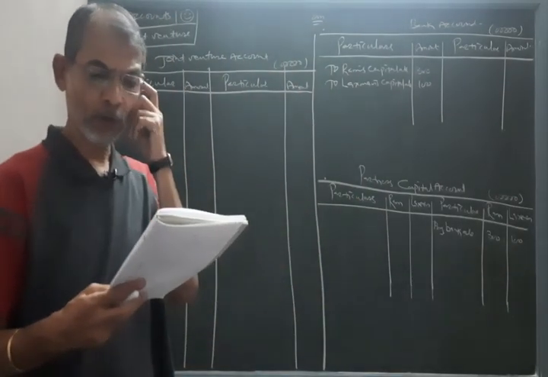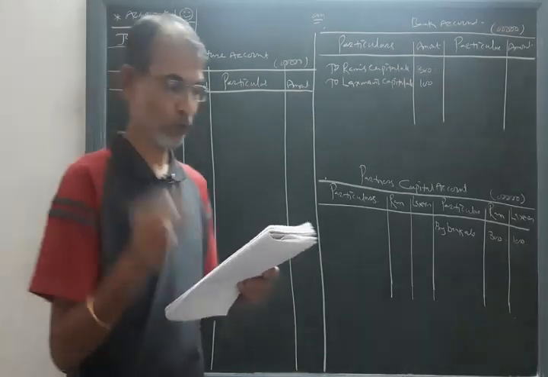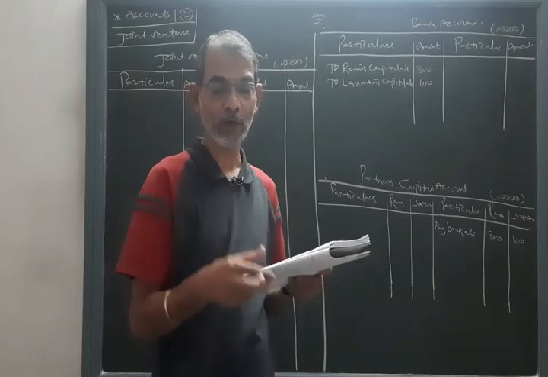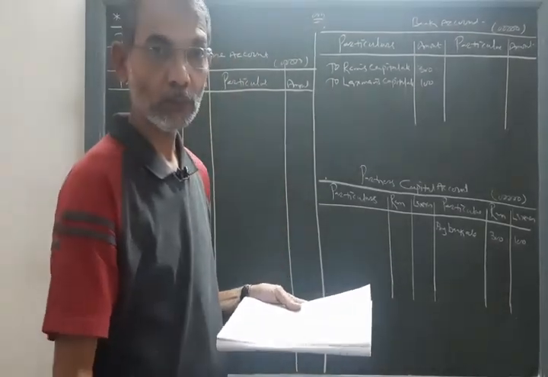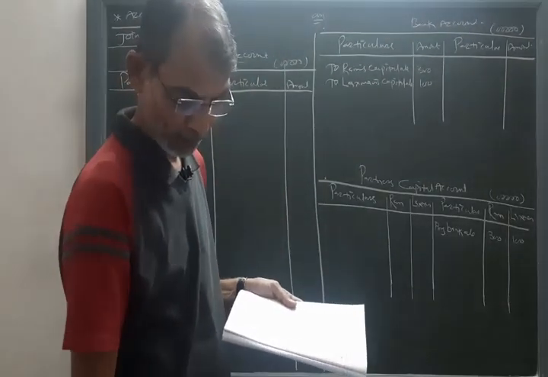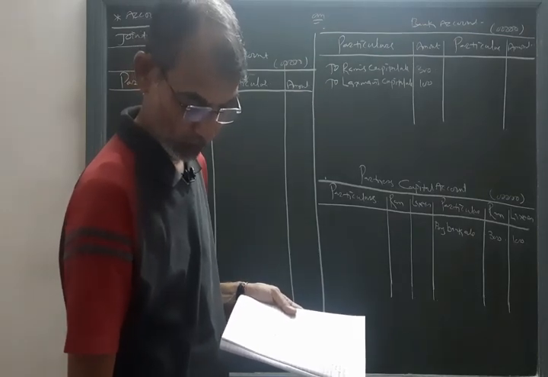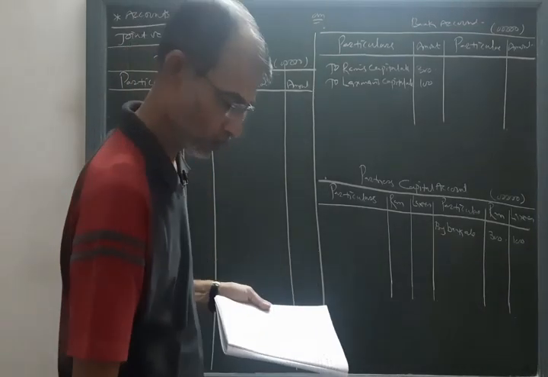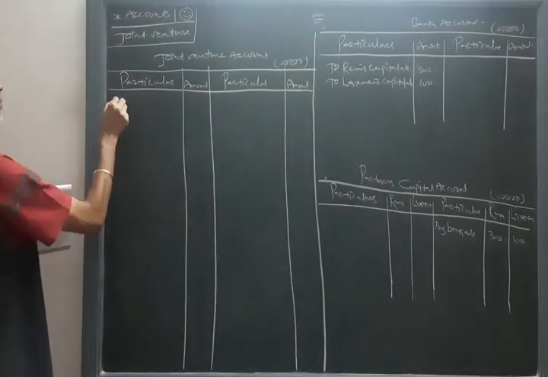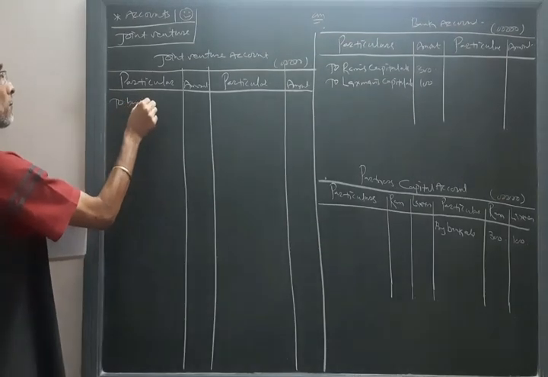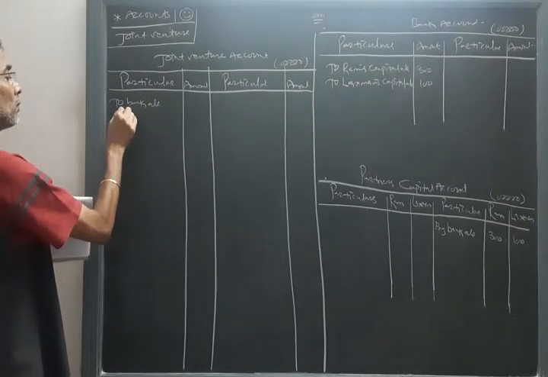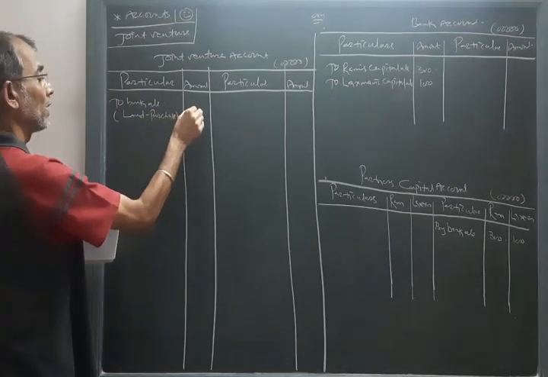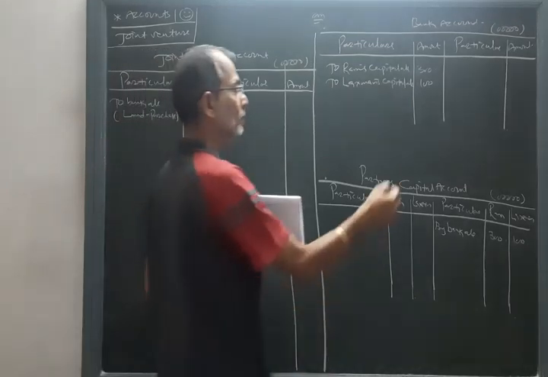They have purchased a plot of land measuring 5,000 square meters at a cost of 5,000. So the plot will be 2 crore 50 lakh, 5,000 into 5,000. So, to bank account, land purchase, that is 250.